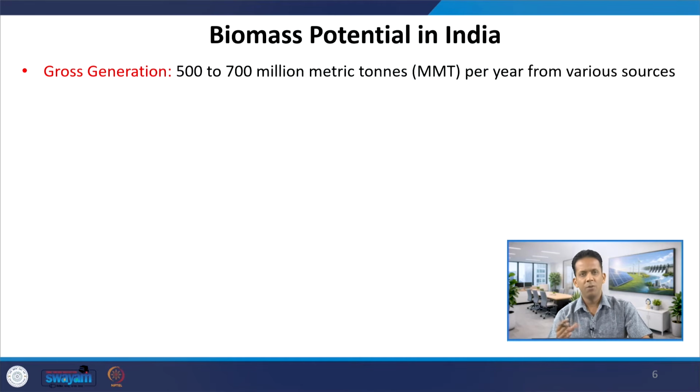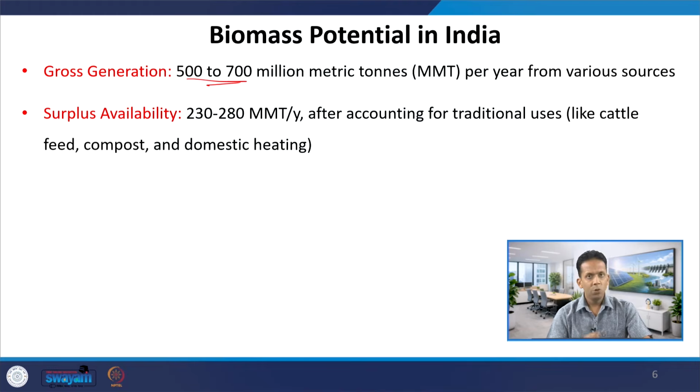other biomass coming from forestry or industrial sources, which ranges from 500 to 700 million metric tons per year. This is the gross generation, and out of this biomass, most of it is used, but there is surplus availability which is around 230 to 280 million metric tons per year.